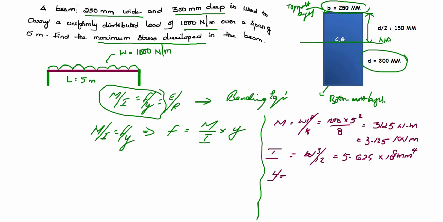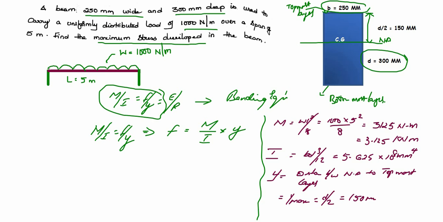Y is equals to the distance between neutral layer to topmost layer, which is equals to y max, which is equals to d by 2, which is equals to 150 mm.